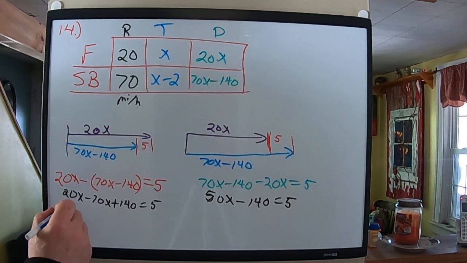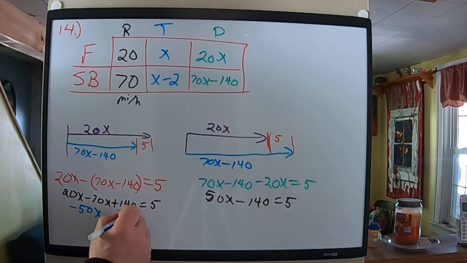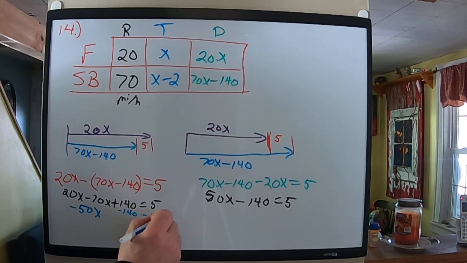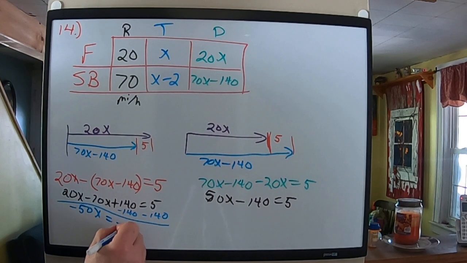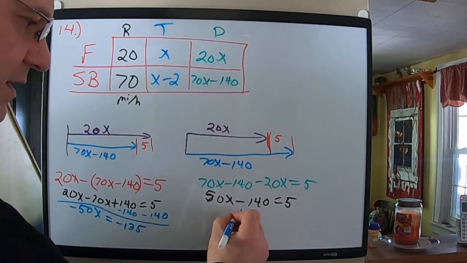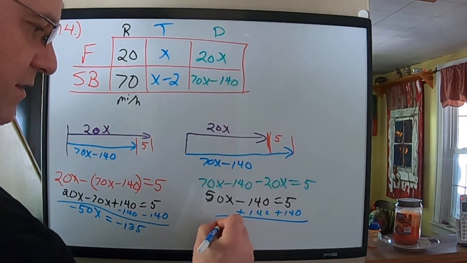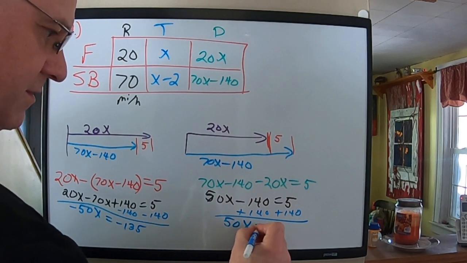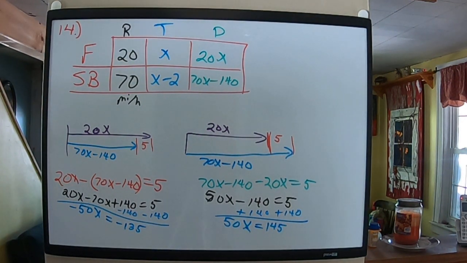All right, so negative 50x. I'm going to subtract 140 from both sides. Equals negative 135. Oh, over here, I'm going to add 140. And you get 50x equals 145, not 135 that time.